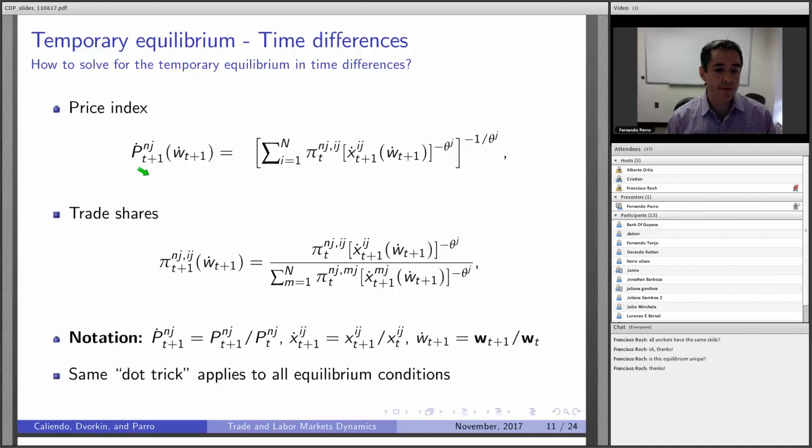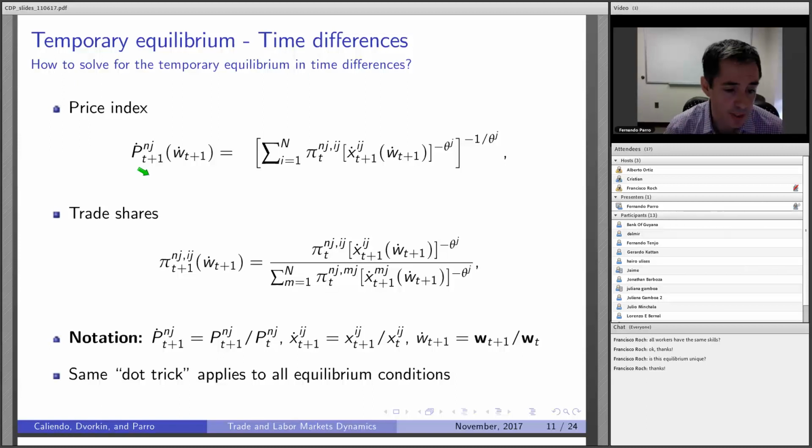And in time differences, the price equation is going to depend on the change in wages, the change in factor prices, and my trade flows from the previous periods. And all the unobservables, productivities and trade costs, are going to differentiate out.